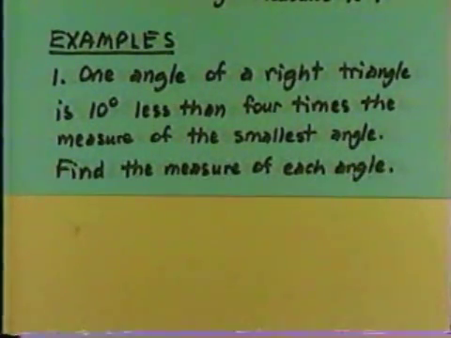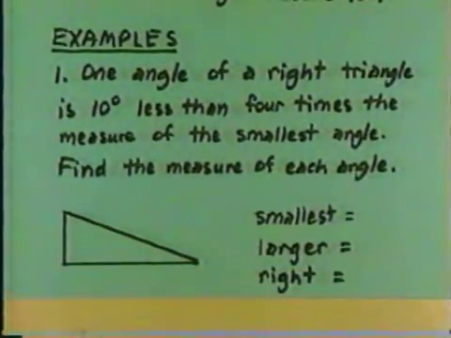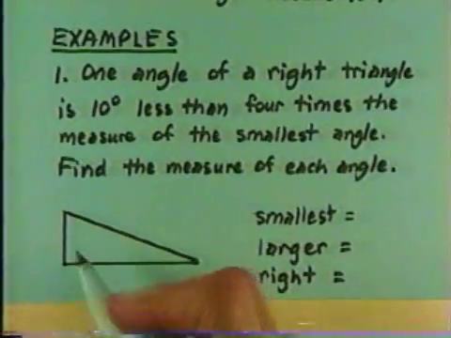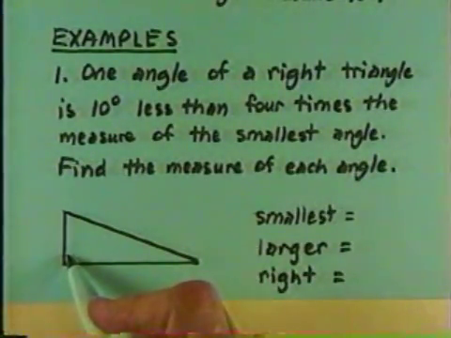In this case, we're using a right triangle. The triangle, of course, has 3 sides and 3 angles. We're looking this time at the angles. But still our drawing is the same kind of drawing, a triangle. In this case, we have a right angle, a 90-degree angle.